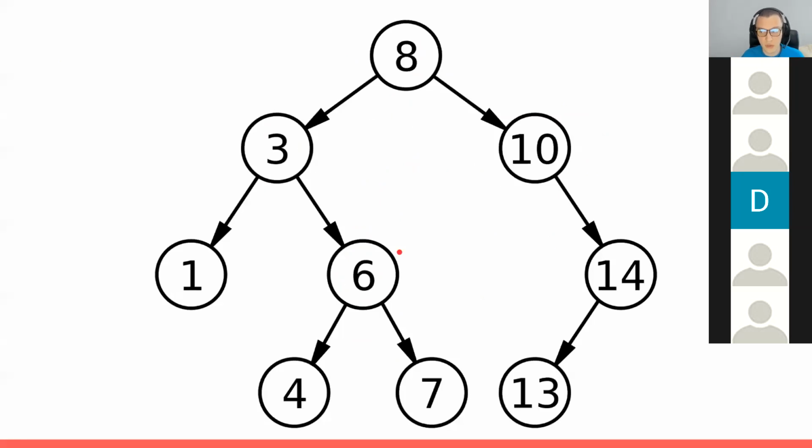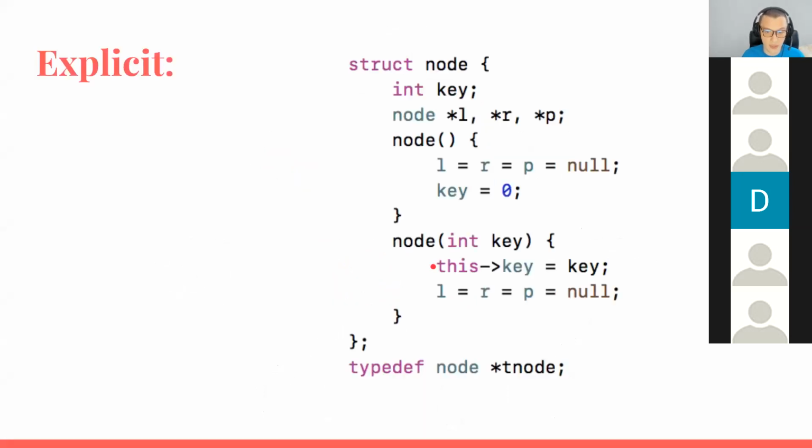Explicit means that for each vertex, we have some value. So like 6, 3, 8, and this value is given. For example, in input data, it says that we have a vertex that has some key. So it's called explicit. And also there are implicit ones.